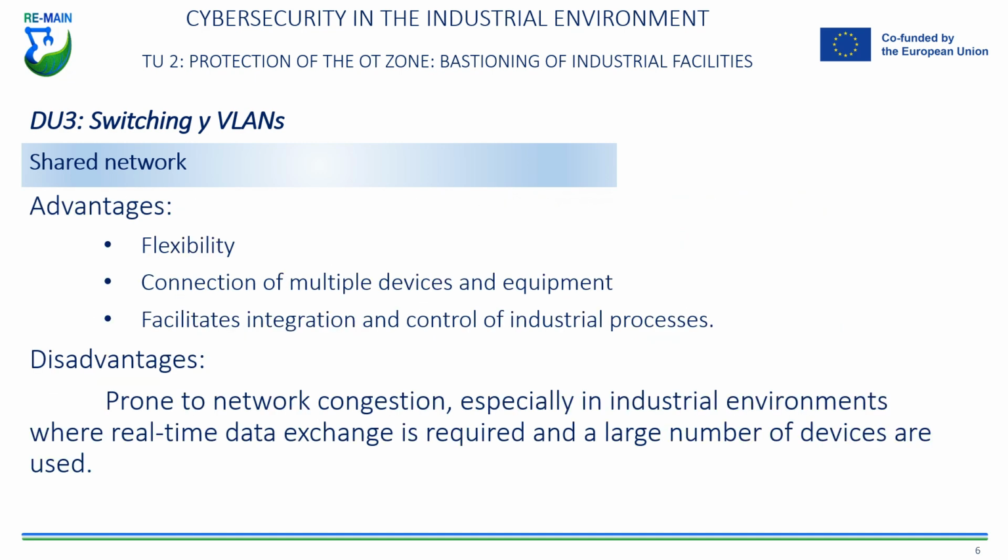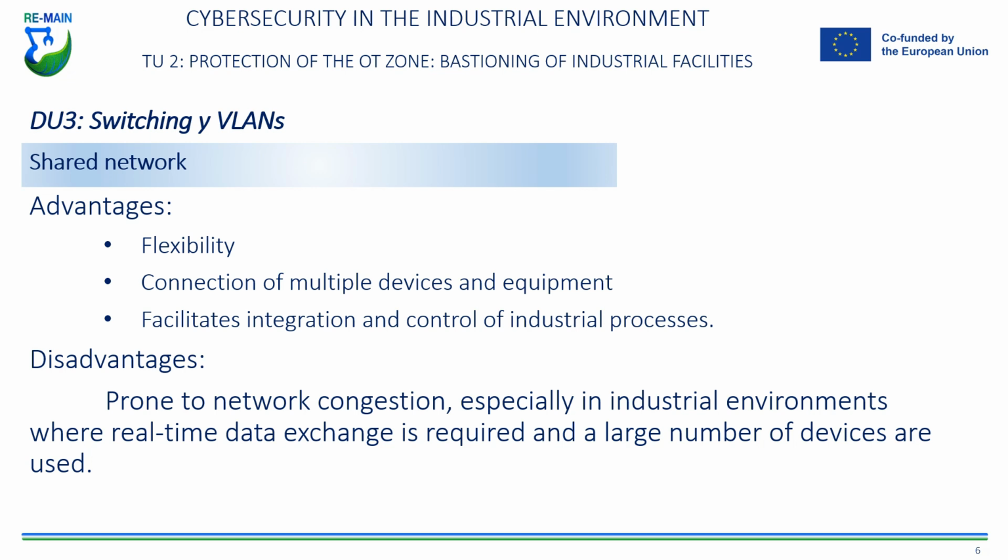In shared industrial networks, data transmission takes place over a common communication channel, which can be a cable or a wireless signal. And all devices connected to the network share network resources such as bandwidth and data transmission capacity.